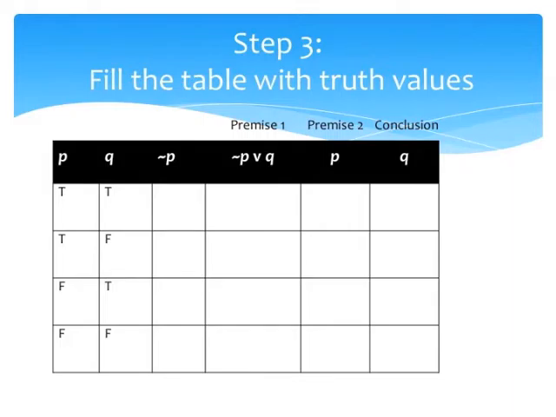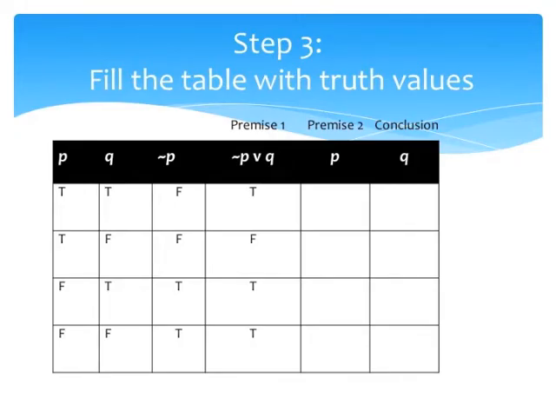In the case of Q, the first quarter gets T, the second quarter gets F, then again we have T and F. Now we fill the column corresponding to not P, which is basically the opposite of P. So if P has a T, then not P is going to have an F, and vice versa.